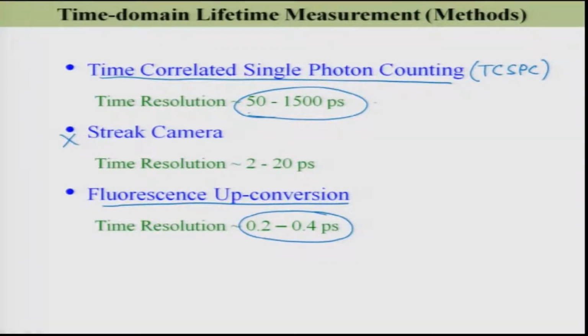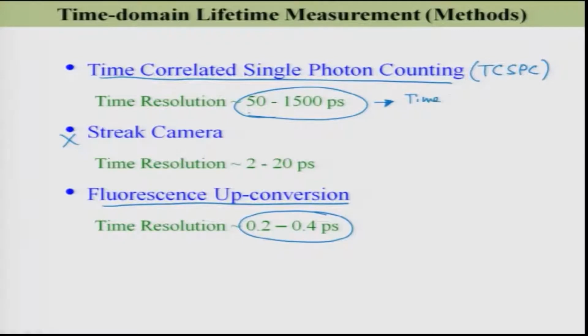However, in the TCSPC setup, the advantage is that it has a very big time window. The time window is large, we can go to microsecond, no problem. But in the upconversion case, the time window is small.